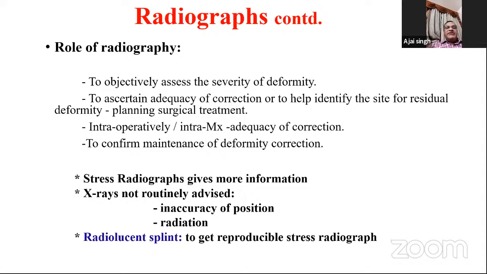But there is definitely a role of radiographs, not for diagnosis, but to assess the severity of the deformity, to ascertain the adequacy of the correction during the manipulation, or maybe after the surgical treatment. It gives the adequacy of the correction during the treatment, and it confirms the maintenance of the deformity correction.